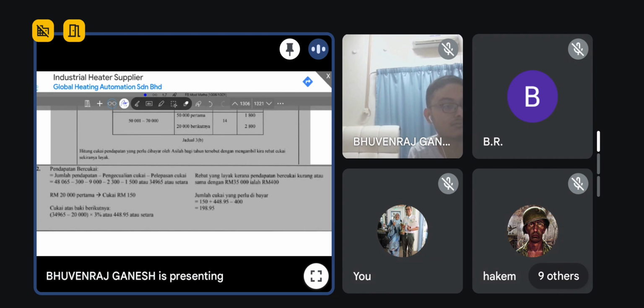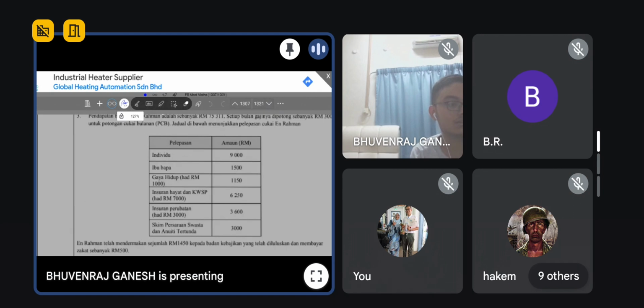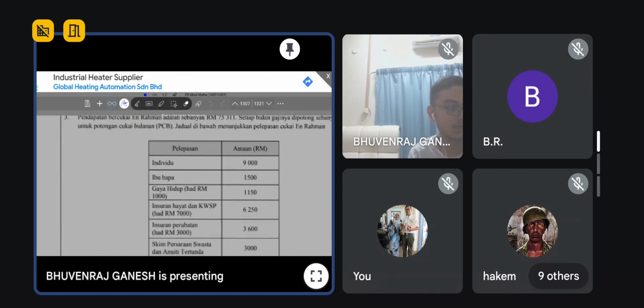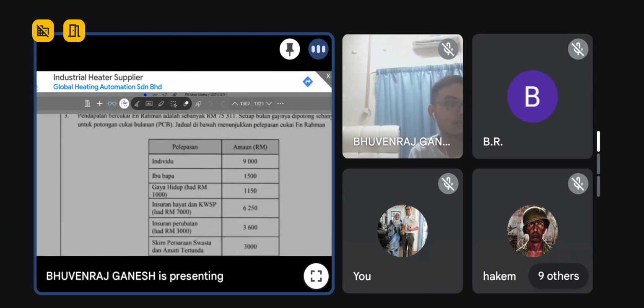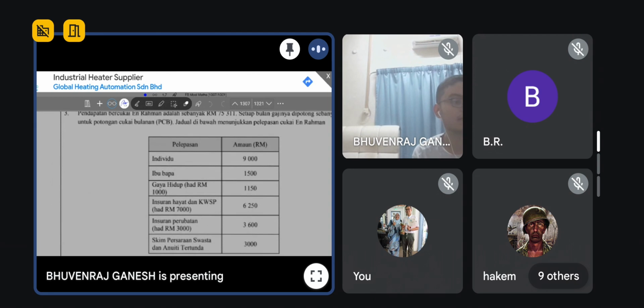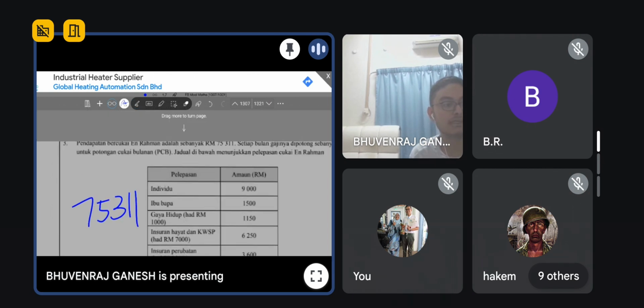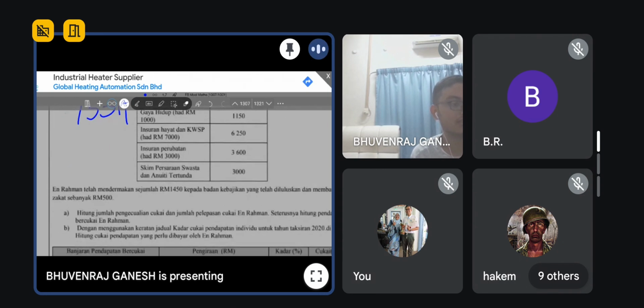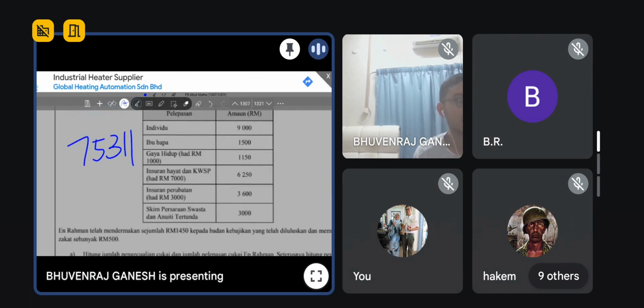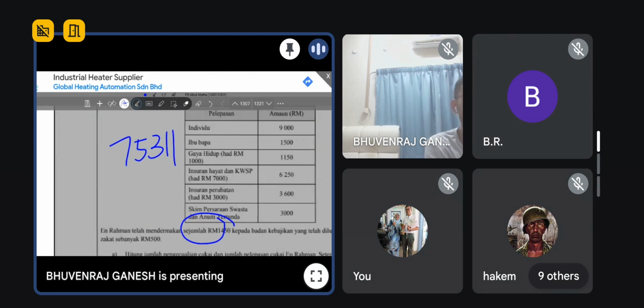Okay, so next one. This one is also a bit similar. So let's say they already give you the chargeable income. Okay, your chargeable income is this value. Pendapatan bercukai nilai ni, 75311. Okay, so let's say he donates. Okay, and then got zakat. All right, guys.